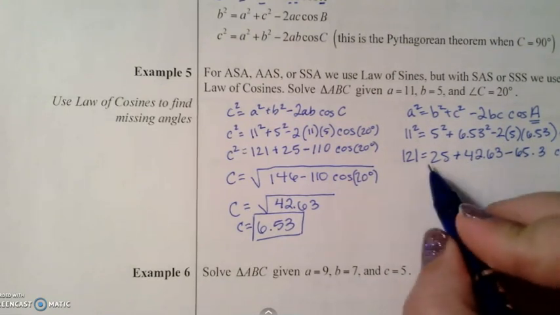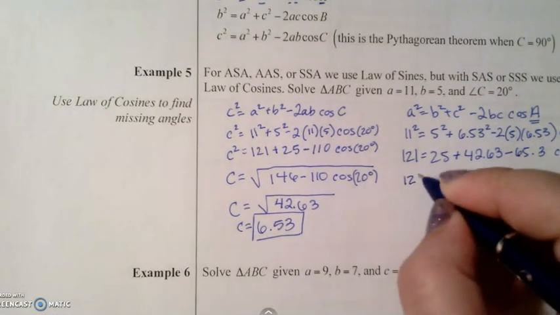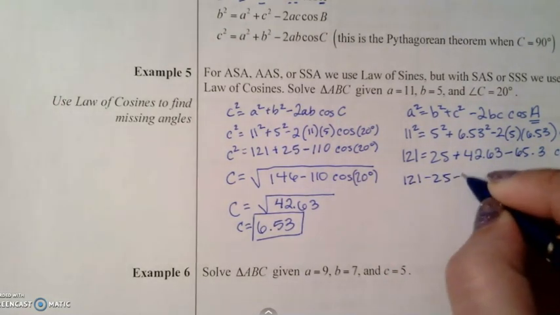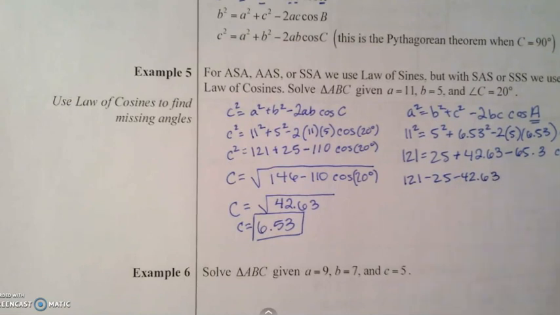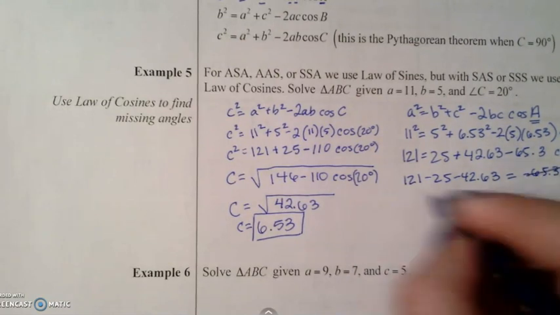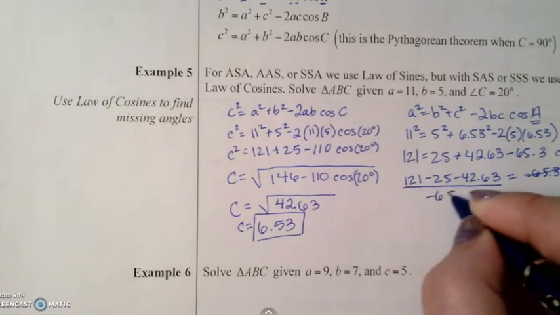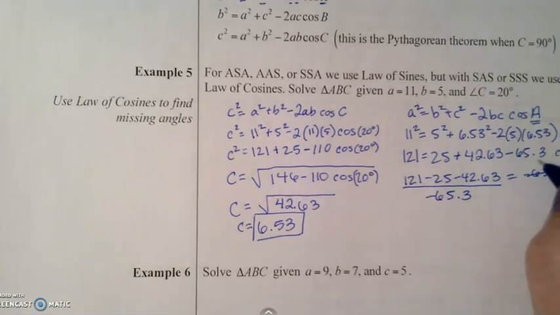And then we want to subtract everything over, so 121 minus 25 minus 42.63 equals negative 65.3 times cosine of A. Divide by negative 65.3, and then take cosine inverse.